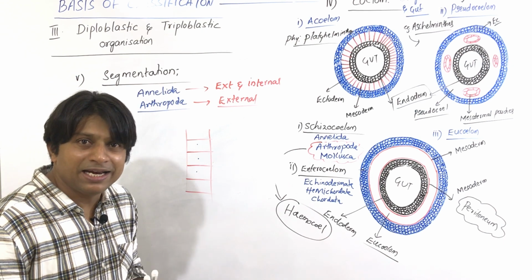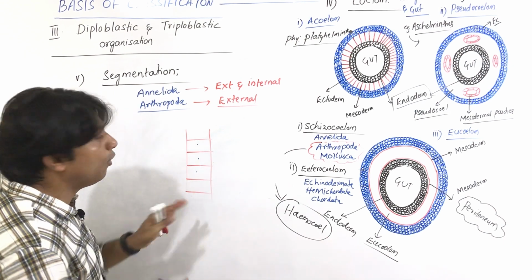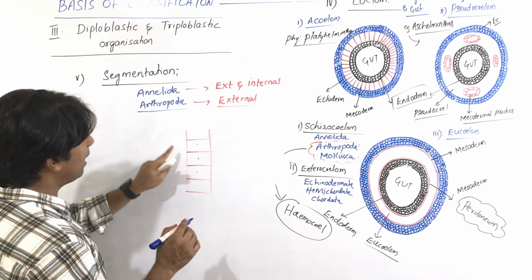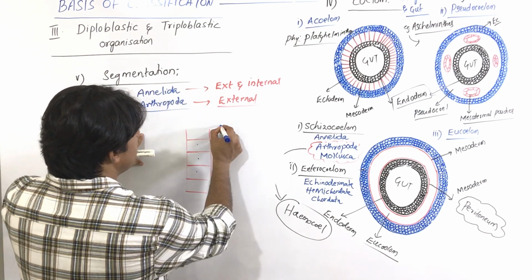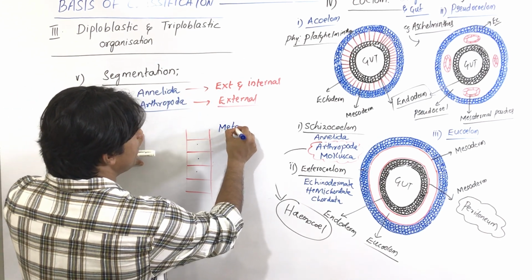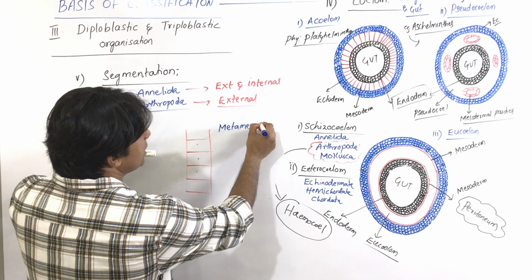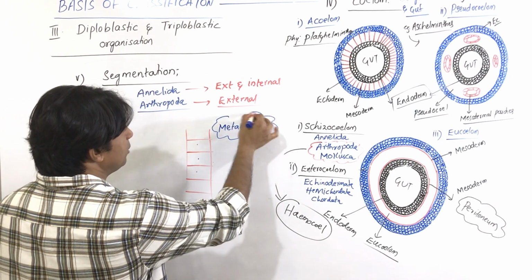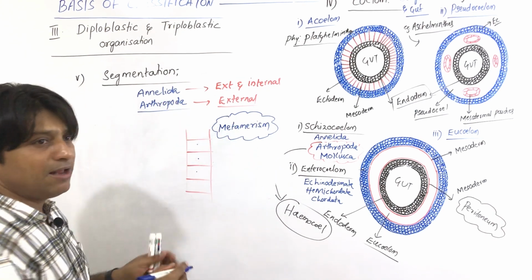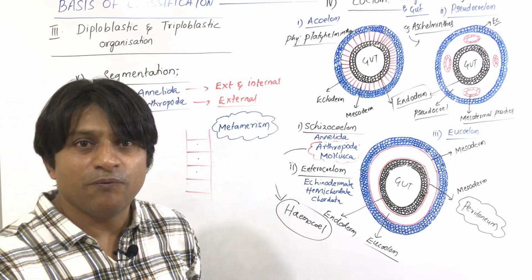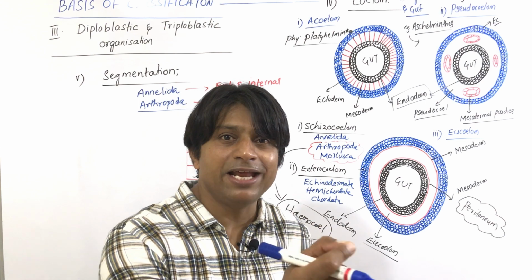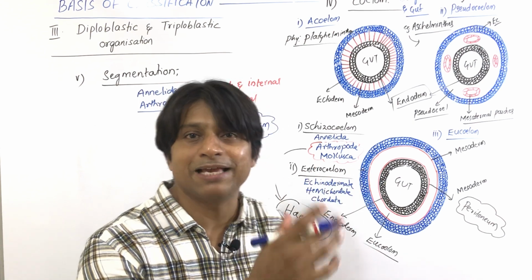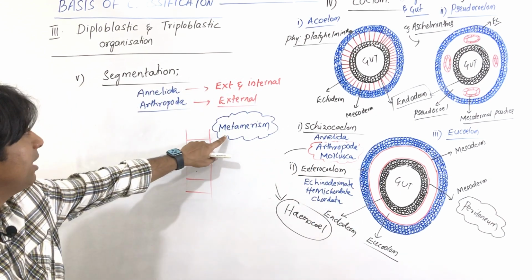There is a linear repetition of at least some parts in all these segments. So for that reason, the segmentation is known as metamerism, or metameric segmentation.